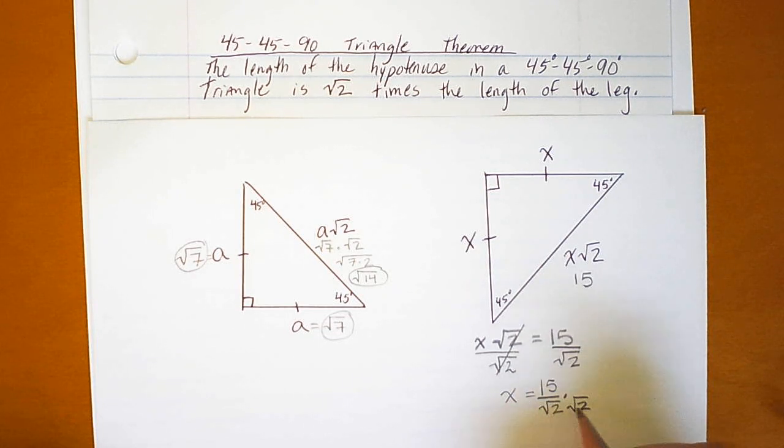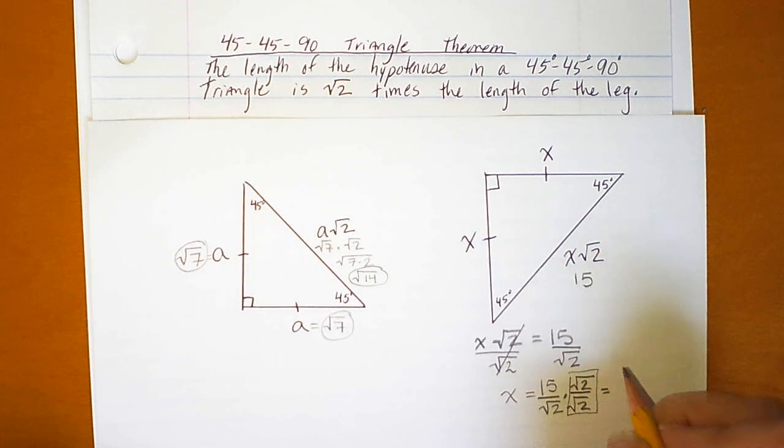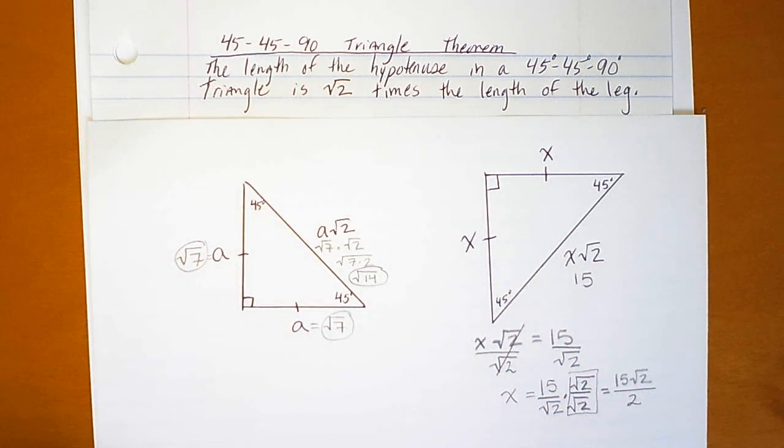But we can't just change the denominator. We have to also change the numerator. And this is a fraction equal to 1. When you multiply anything by 1, it doesn't change its value. And so 15 times root 2 gives me the new numerator of 15 root 2. And the denominator is just a regular old 2. That is one ugly looking fraction.